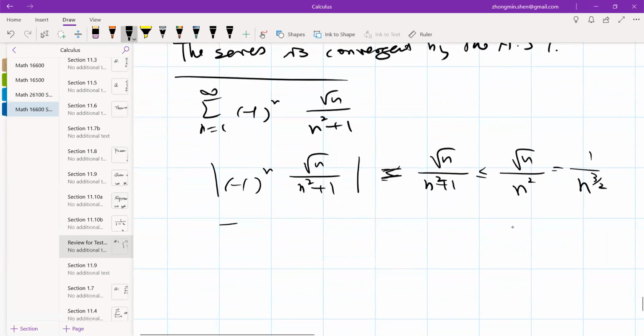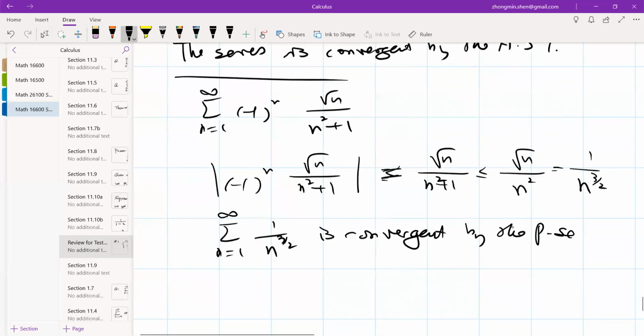By the p-series test, I know this is convergent. Okay, we know that. So this is convergent.